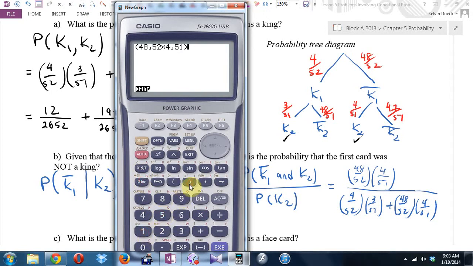Close off the top. Now what? Divided by bracket, 4 out of 52 and 3 out of 51, or 48 out of 52 and 4 out of 51. Close off the bottom. Practice typing that in. This is the reason I said everybody get out your calculators.